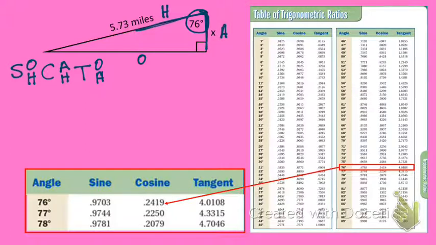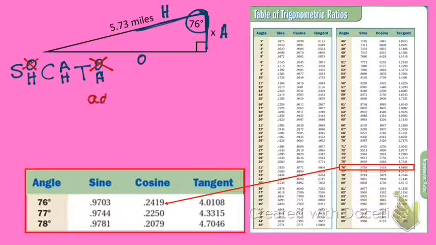Also, we don't know anything about the opposite side. So if we were to use tangent, we wouldn't have anything to put in place of the O. If we tried to use sine, we wouldn't have anything to put in the place of the O. But we can put our x in for the A in cosine and our 5.73 in for the h in cosine. So our problem is going to be a cosine problem.